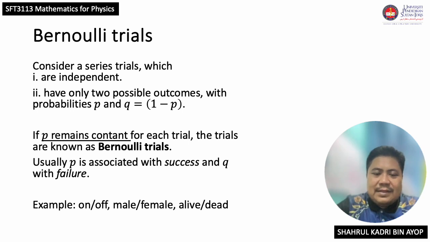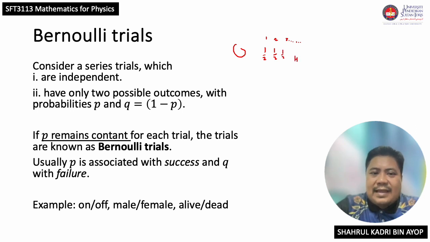So for example, if we have a coin, for the first trial you get a head, so the probability is half. And then for the second trial, the probability of getting a head is also half, right? So whenever you spin it, you will always get the probability of half of getting heads.